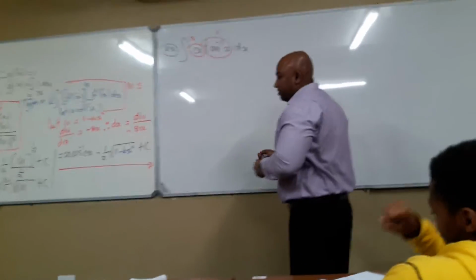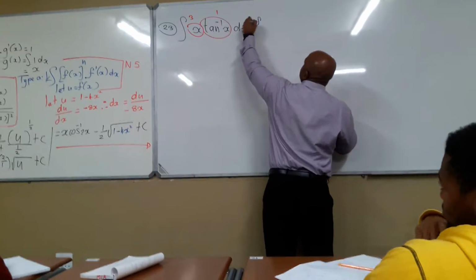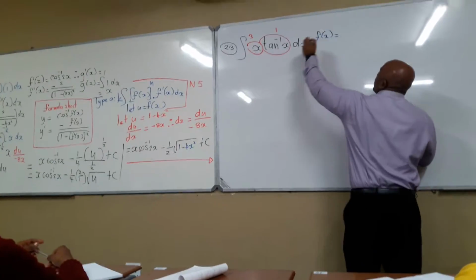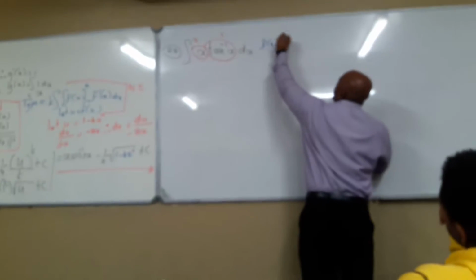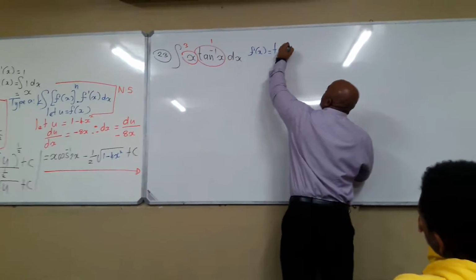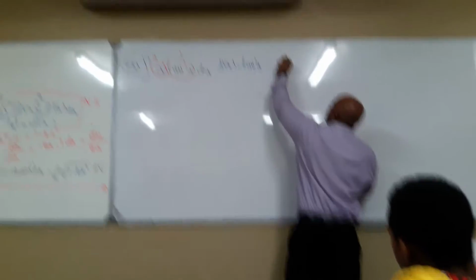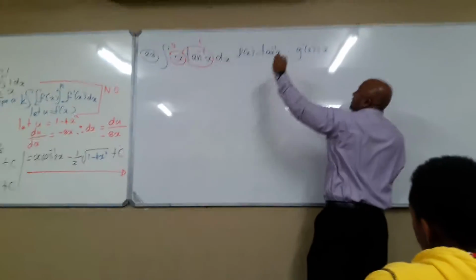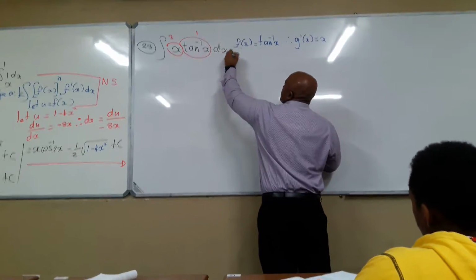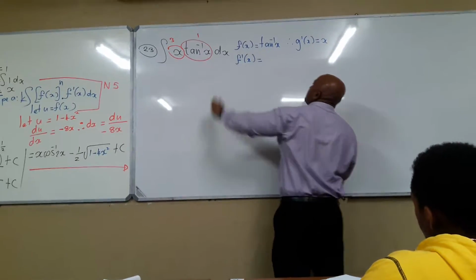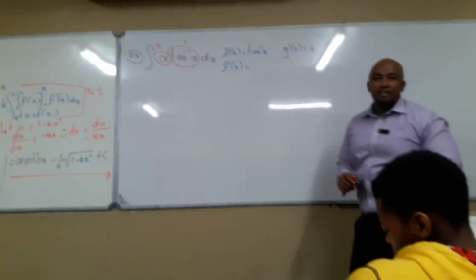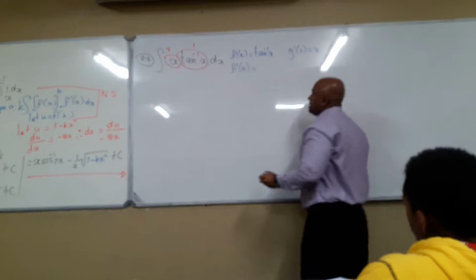Right, so our f of x here is clearly inverse tan of x. So therefore, g prime x will be x. So now f prime x, I gave you the formula yesterday, where you check your formula sheets.